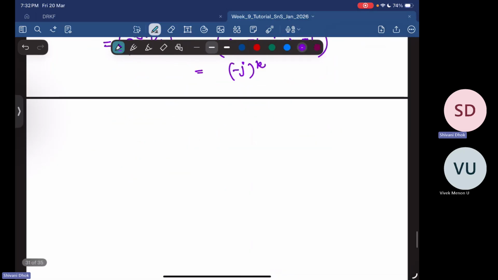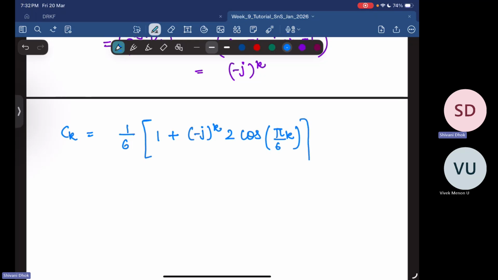So what I am left with is Ck is equal to 1 by 6 into 1 plus minus j to the power k into 2 times cos of pi by 6 k. So these are the Fourier series coefficients, and this k is for what? This k is only for 0, 1, 2 and so on till n naught minus 1, n naught is 6, so 5. After that it starts repeating. Okay.